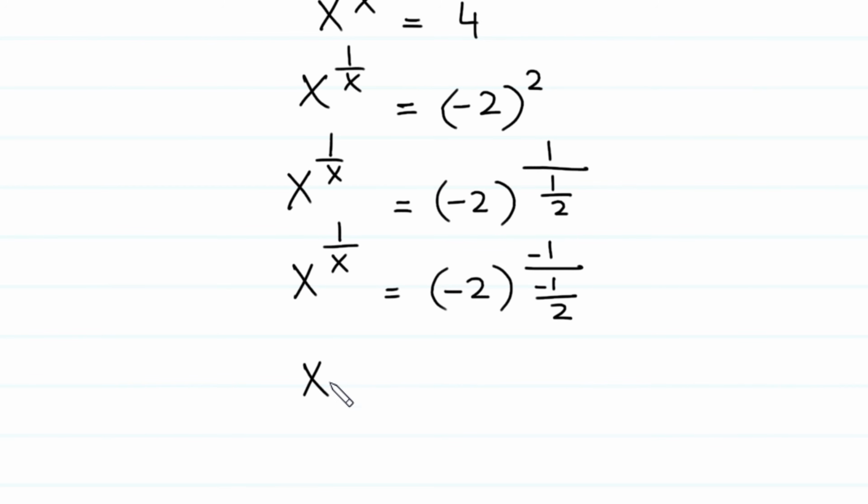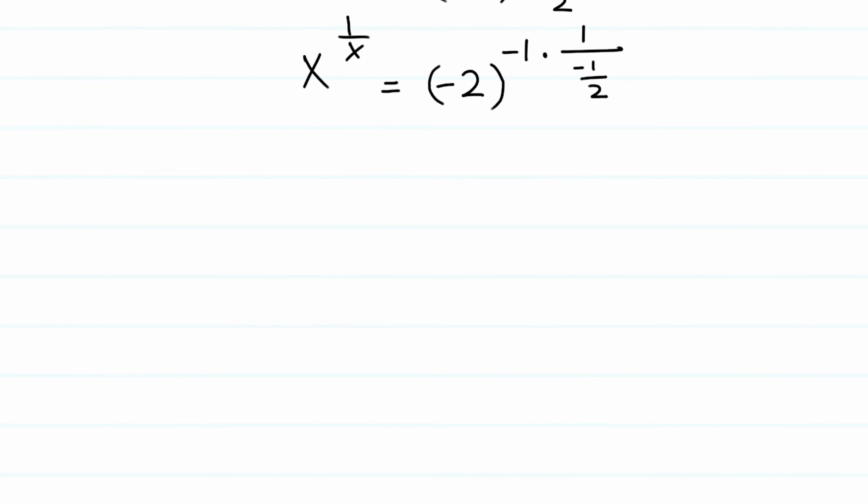Next, x to the power 1 over x is equal to negative 2 to the power, this negative 1 divided by negative 1 over 2 can be written as negative 1 times 1 divided by negative 1 over 2. Next, according to the rule of exponents, a to the power m times n is equal to a to the power m to the whole power n.